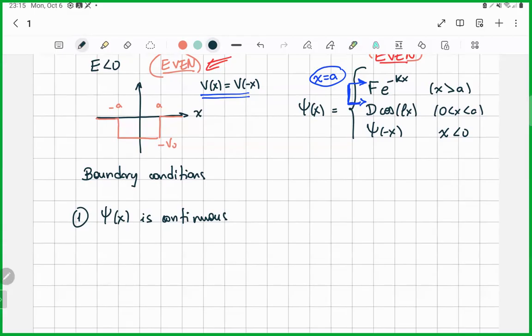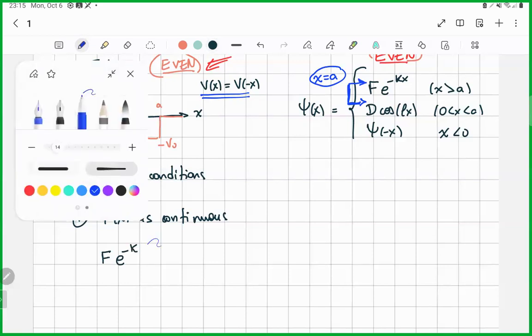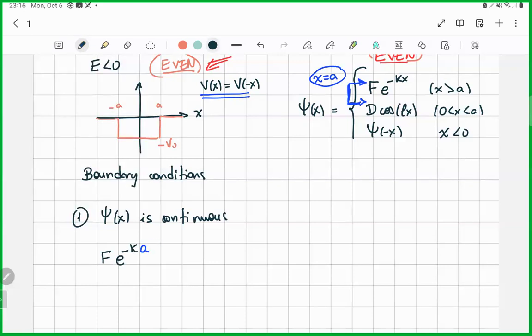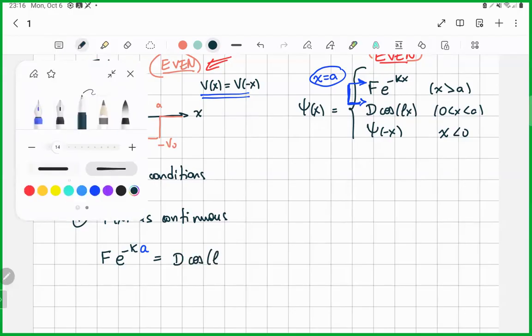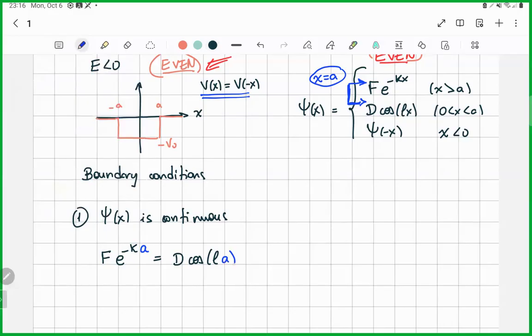In other words, the function for x larger than a, at a, so F exponential of minus kappa a, has to be equal to the function for x smaller than a, which is D cosine of L a. Okay, so this is one of the boundary conditions. We are stitching the function at a.